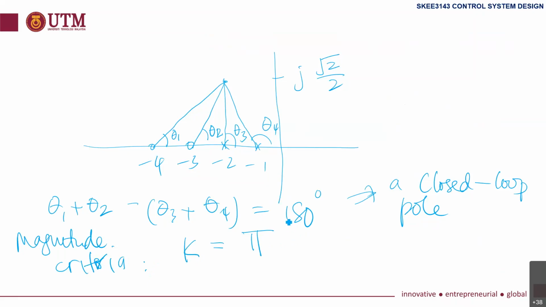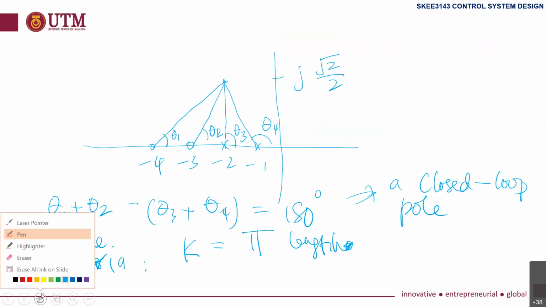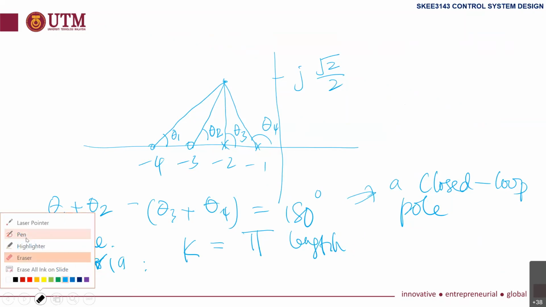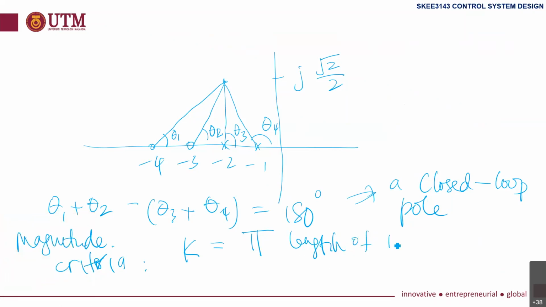We multiply all the lengths of poles divided by, we multiply all the lengths of zeros.